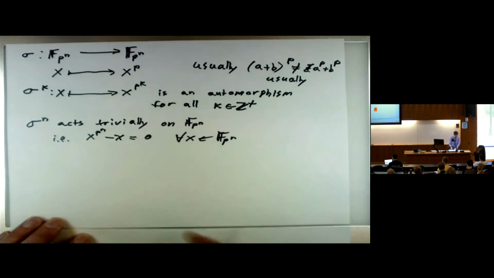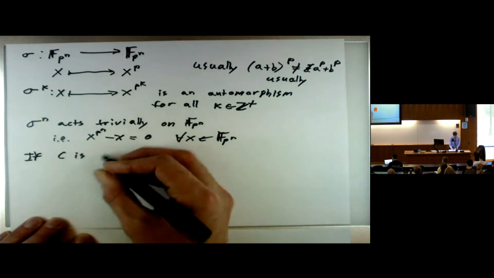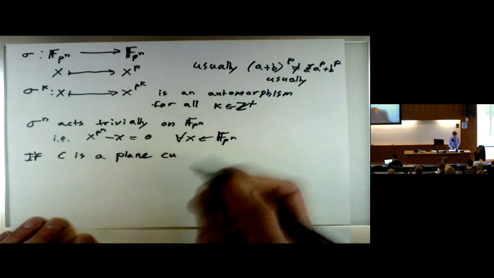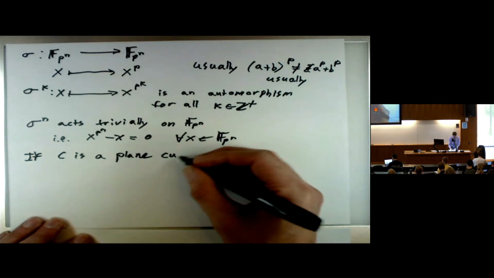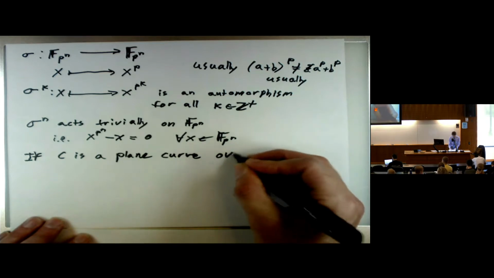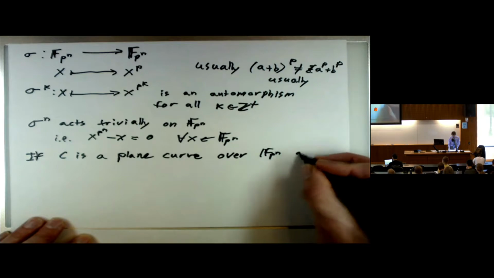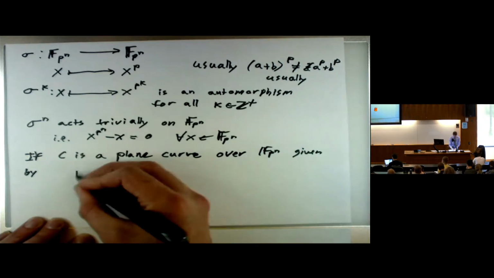If you have a polynomial with coefficients in F_{p^n}, it's going to act trivially on the coefficients. So if you have a curve, so if C is a plane curve, you can do this for more than just plane curves, but all of my examples are plane curves. I'm just doing it for plane curves because I want to get away with writing down one equation.